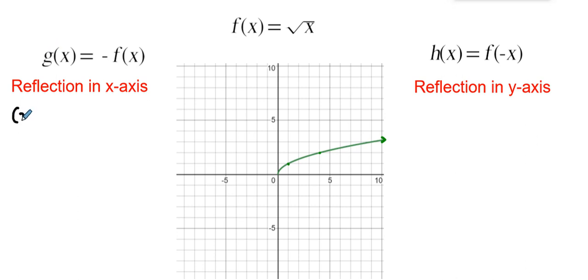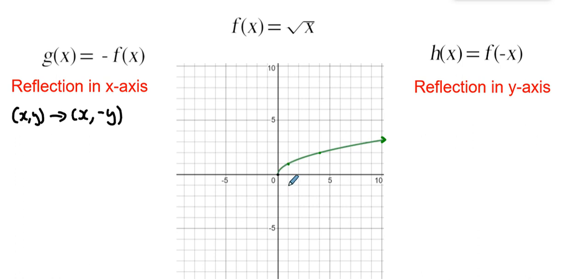What it will do is take our coordinates from our standard or original function and map them over to become (x, negative y). And this will result in a reflection in the x-axis. So all points will be reflected along the y equals 0 line.